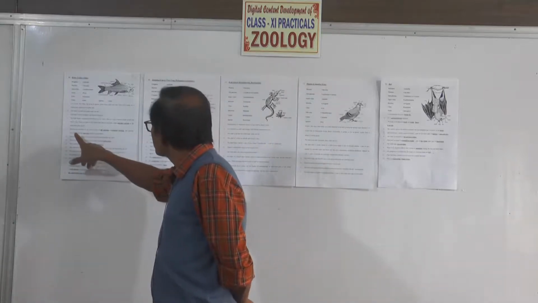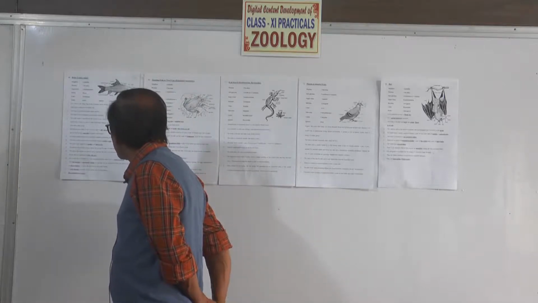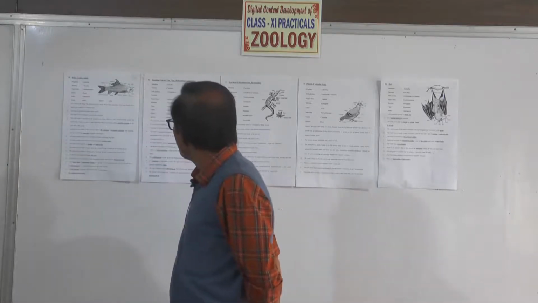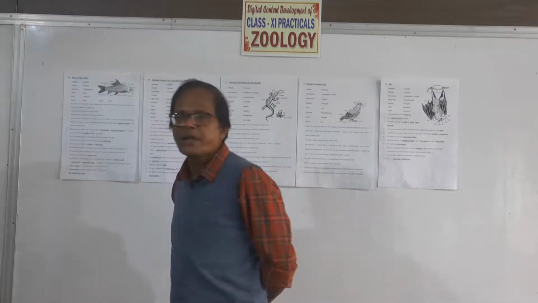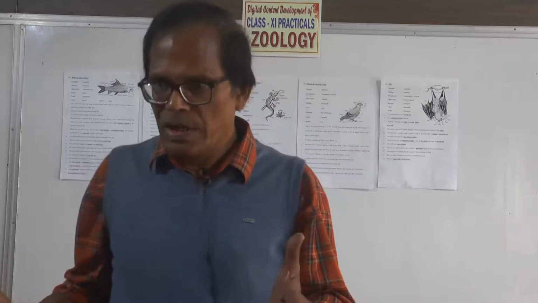Next, the trunk bears unpaired or median fins. Both types of fins are present. Making a reference to paired fins: there are many animals which look like fishes but indeed are not fishes.